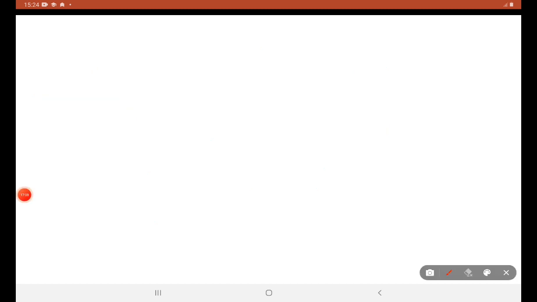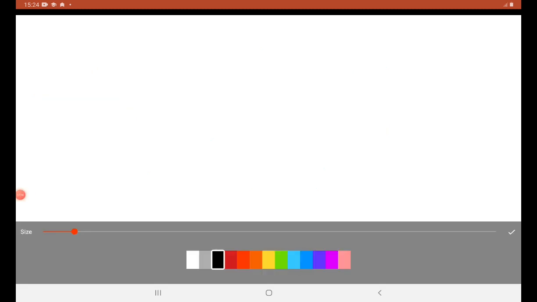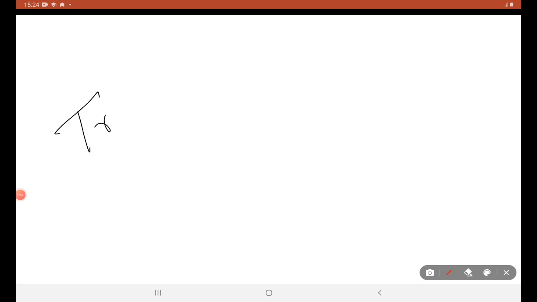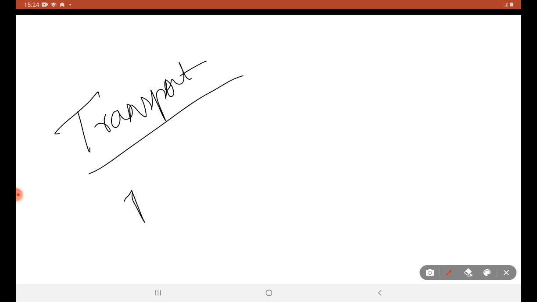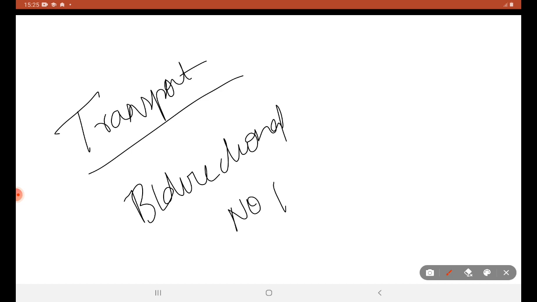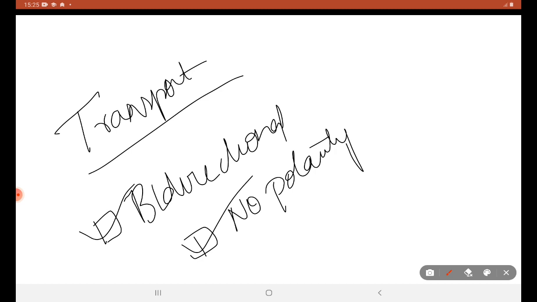Next we have seen about transport. Transport is bidirectional. The major thing is it is bidirectional and no polarity is involved. These are the two major key points to remember.